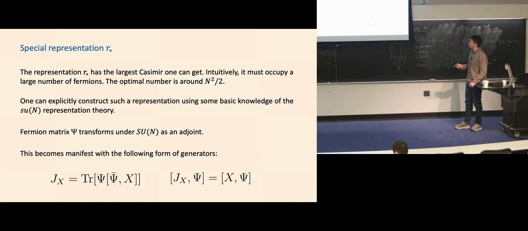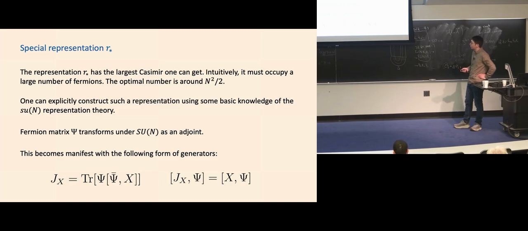It turns out one can explicitly construct such a representation using some basic knowledge of SU(N) representation theory. To set up a little more notation, we remind ourselves that the fermion matrix psi transforms under SU(N) as an adjoint, and that is a little more manifest if we consider the following form of generators.